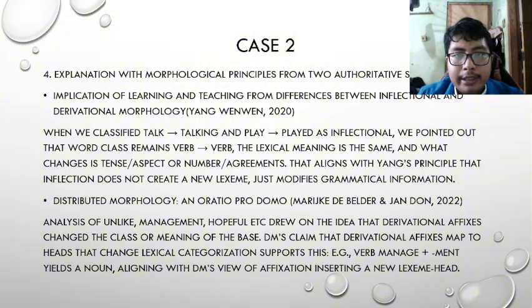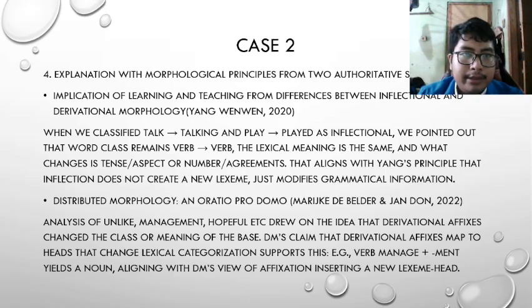The lexical meaning is the same, and what changes is tense, aspect, number or agreement. That aligns with Yang's principle that inflection does not create a new lexeme, it just modifies grammatical information.